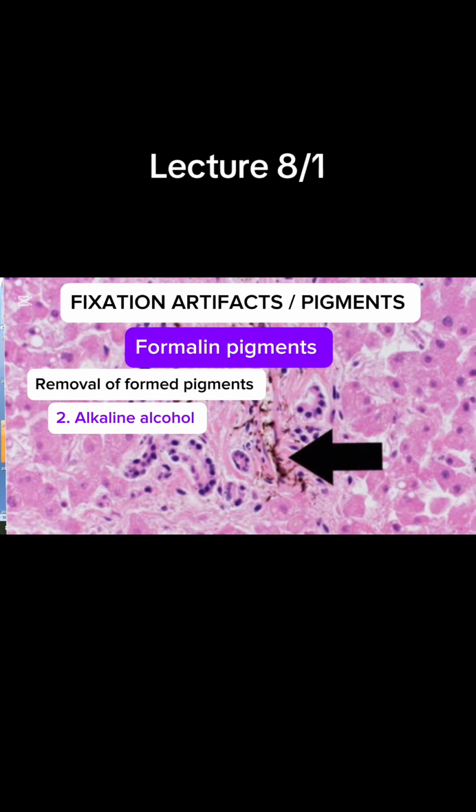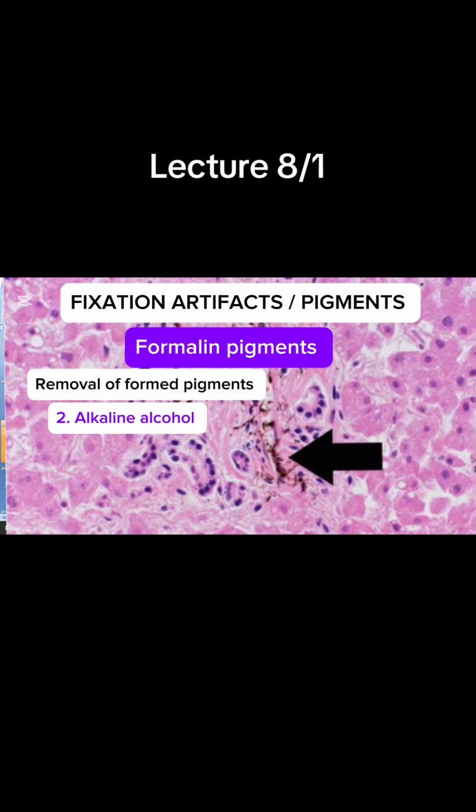Under the alkaline environment, we have alkaline hydrolysis. The alkaline component, for example sodium hydroxide or potassium hydroxide, breaks down the formalin pigment by hydrolyzing the bonds that stabilize the pigment structure. This leads to solubilization of the acid formaldehyde hematin.